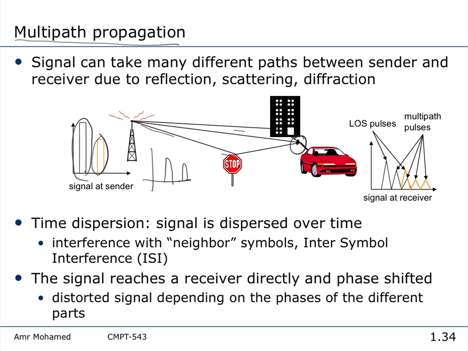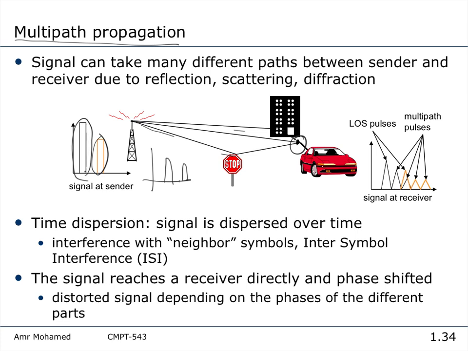They are not overlapping, so the inter-symbol interference becomes less. But of course, in that case, I'm lowering the data rate. Why? Because if you increase the separation between them, essentially you have to reduce the symbol rate, which means reducing the data rate. Clear? So that's a trade-off.